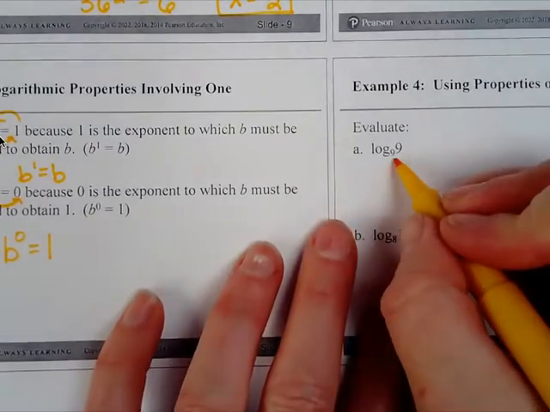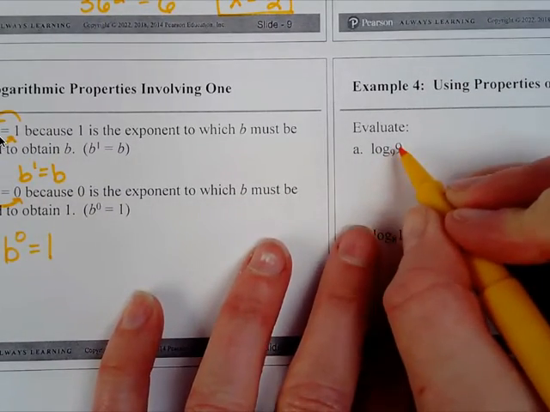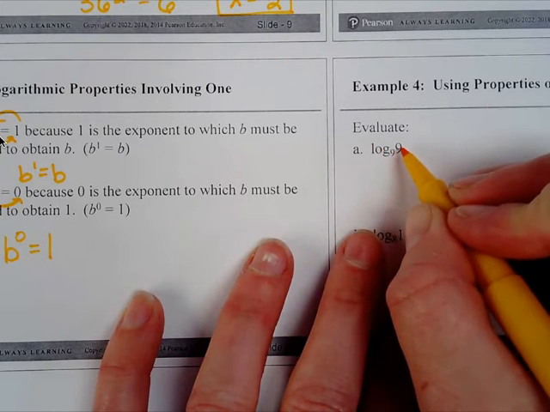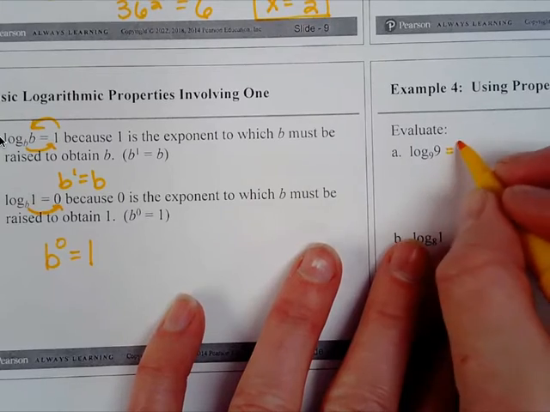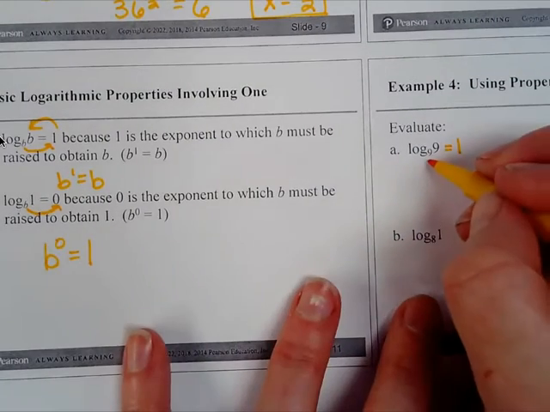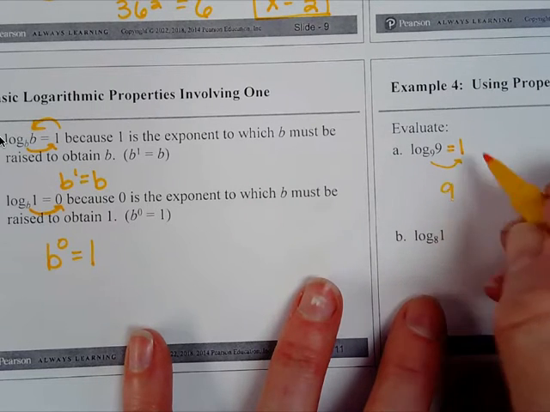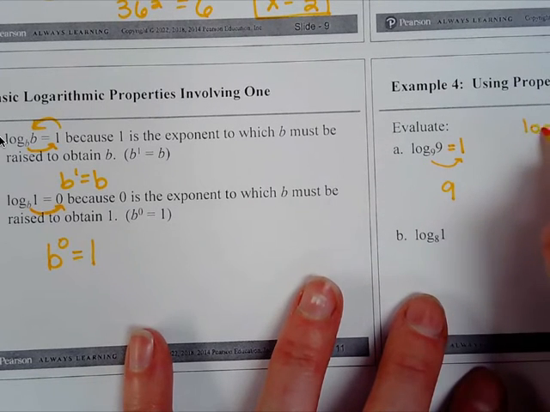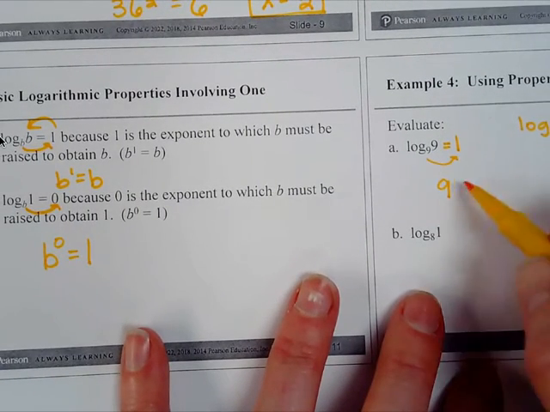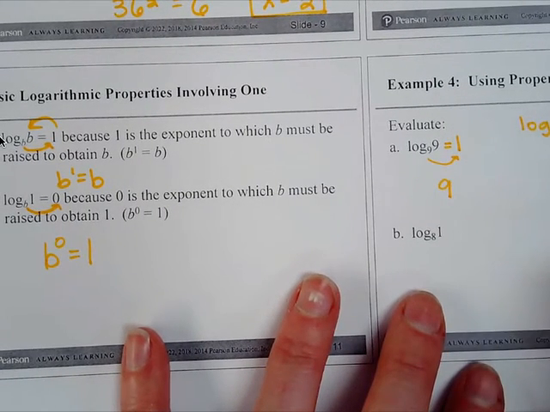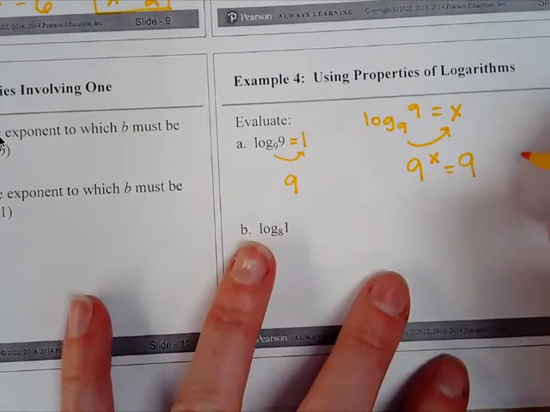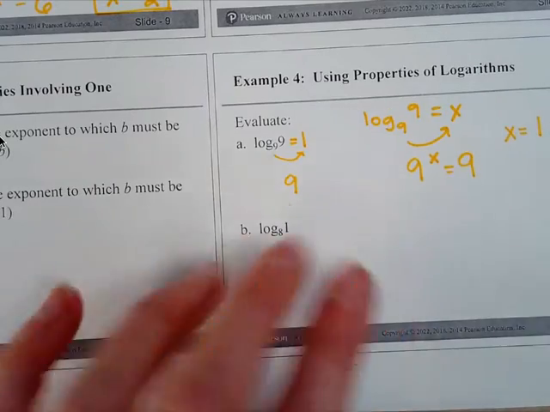Okay, so look at this. This has log base 9 of 9. That's going to equal 1. Because, let's just say we have equals x. So that'd be 9 raised to the x equals 9. Then that means x has to equal 1. So our solution is 1.